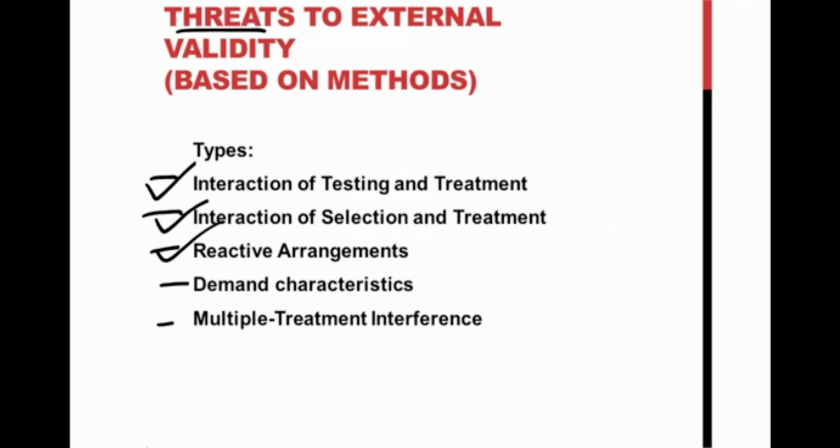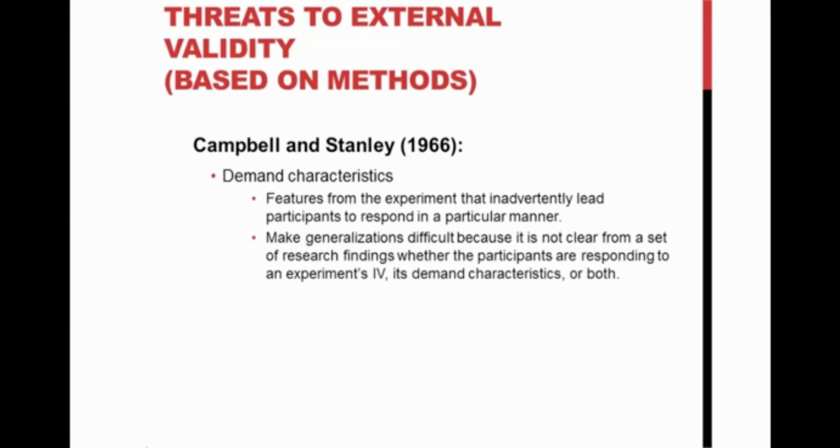Let's move on to demand characteristics. Demand characteristics are features from our experiment that inadvertently lead participants to respond in a particular manner. One very common demand characteristic that we face within research is the fact that we deal with volunteers. So participants tend to volunteer their time to be part of research.